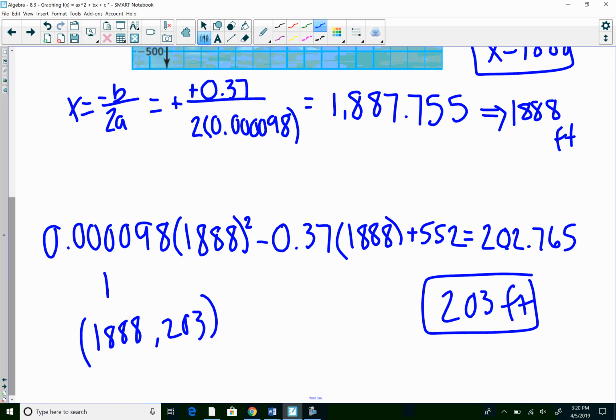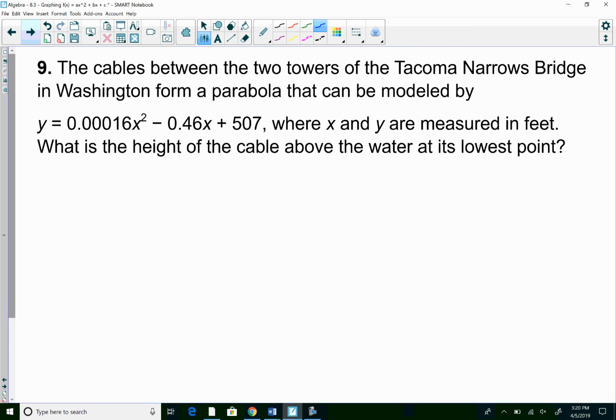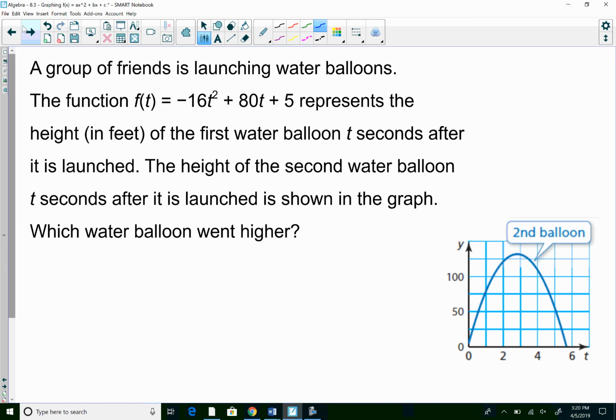The x coordinate is 1,888 feet along the x-axis, right along here, and then it's going to be 203 feet high. Let's see, that's not the example that I'm looking at. This is the one we're looking for.